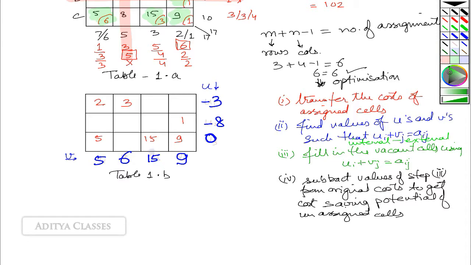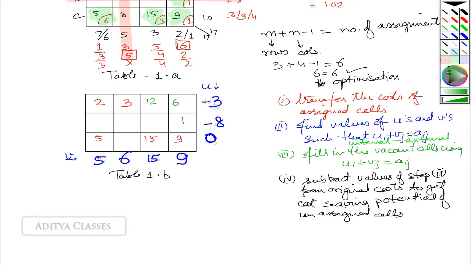What will these AIJs be? 15 and minus 3 would give me a 12. So this is the way we will be going in for these AIJs. 15 minus 3, 12. Or let me put it slightly smaller. 9 minus 3.